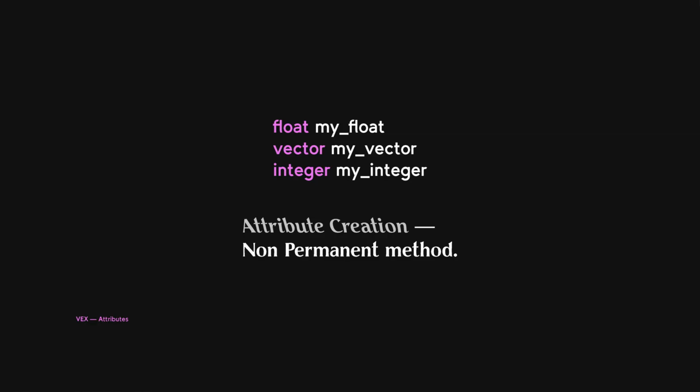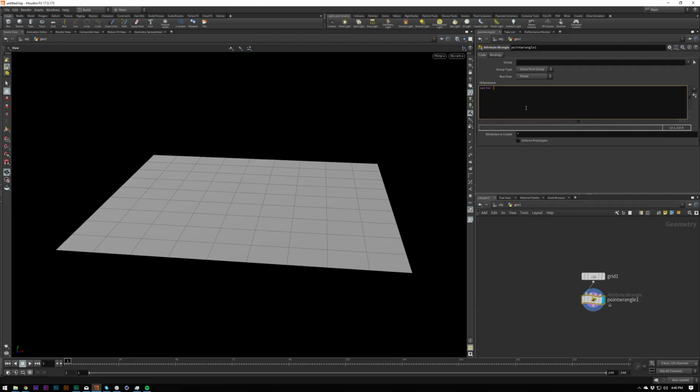Now, to create a non-permanent attribute, we do the data type, so vector, space, and whatever we want to call it. So colorred. When you're creating an attribute, you cannot have spaces. You can have underscores, you can have numbers, but not spaces. And make sure you know that they're case sensitive.